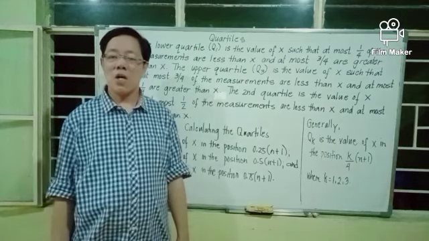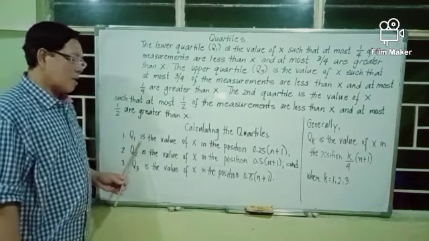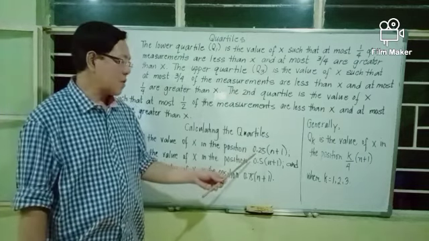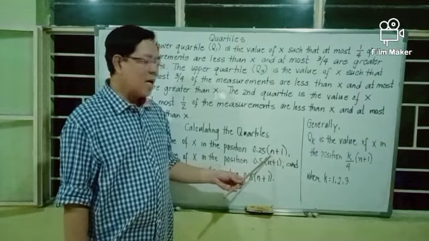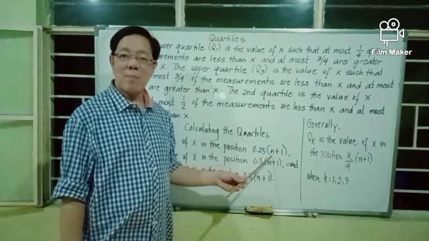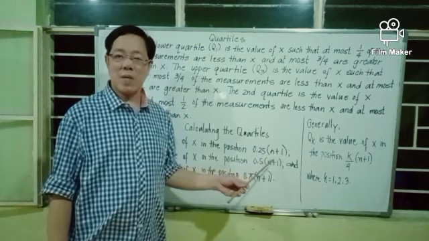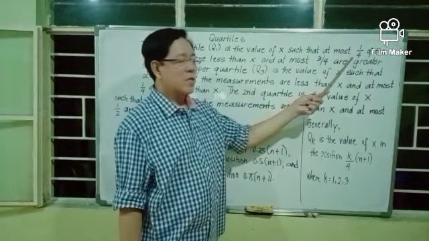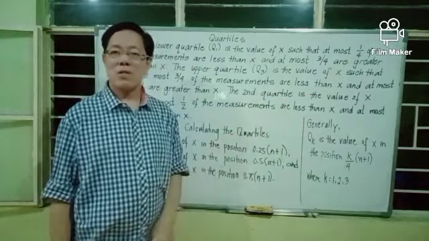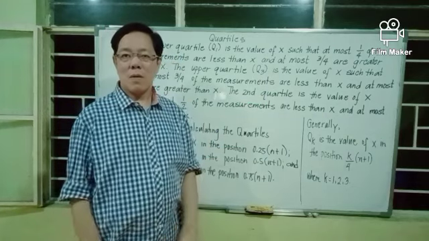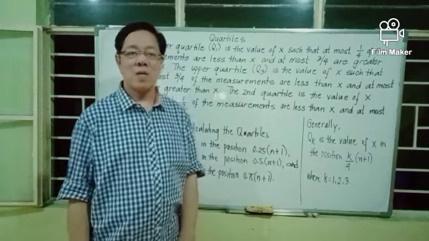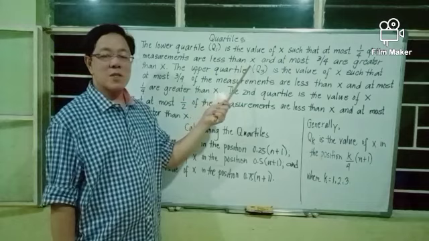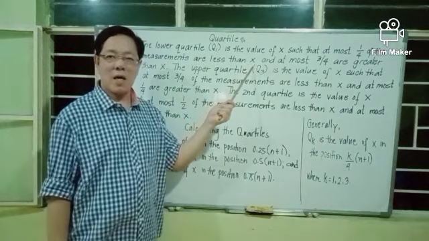And the location of the first quartile is the value of x in the position 0.25 multiplied by n plus 1, where n here is the number of measurements or the number of values given, and 0.25 is equal to 1/4, because as we said, 25% or 1/4 of the set of measurements are below or less than the first quartile, whose value is denoted by x.